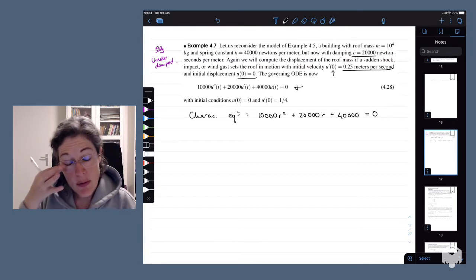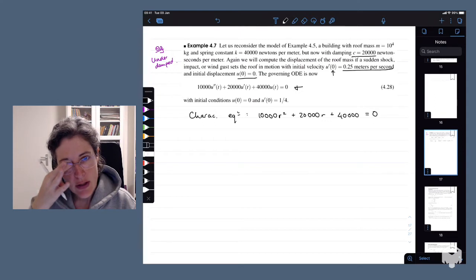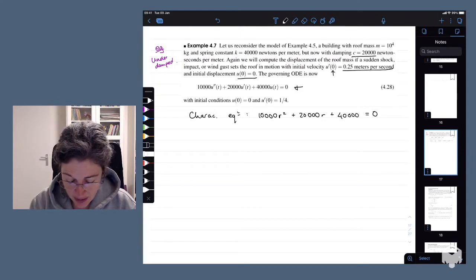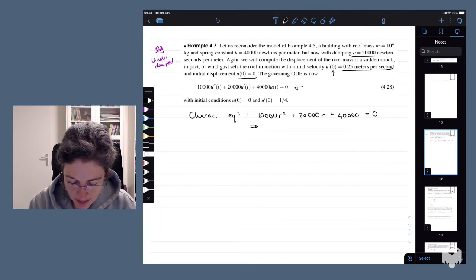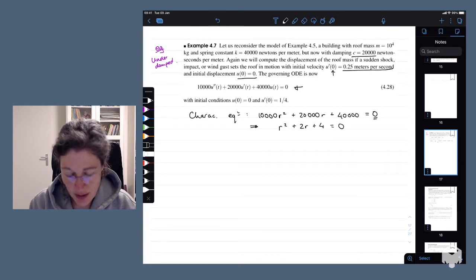The thing that I would probably do at this point is divide through by 10,000 just to make life easier, because I struggle with all the zeros. We're actually just finding the roots of the equation r squared plus 2r plus 4 is equal to 0. So that's a lot better.